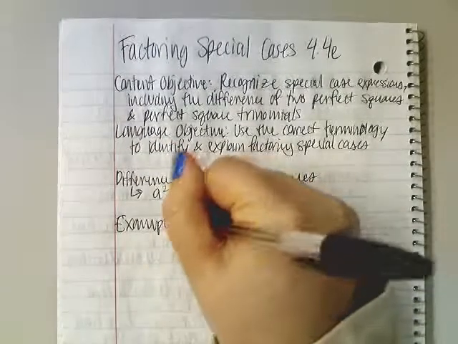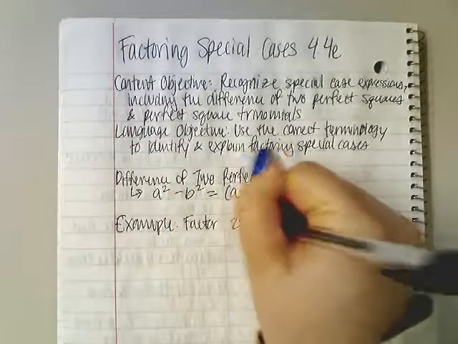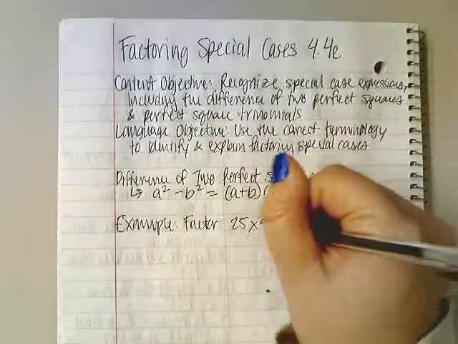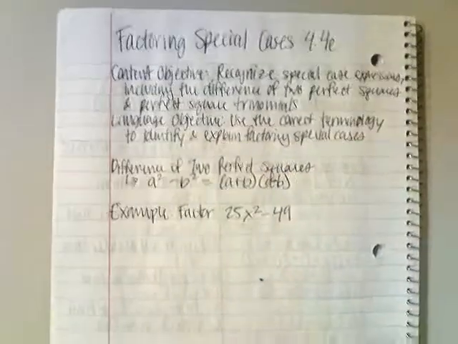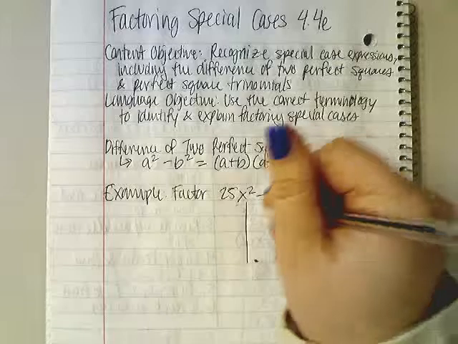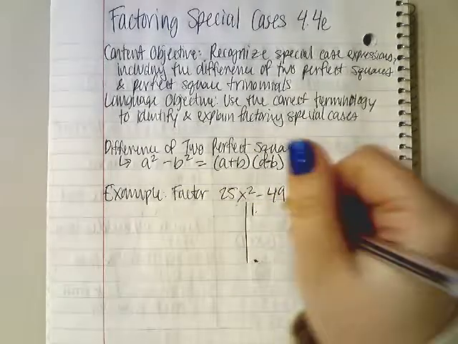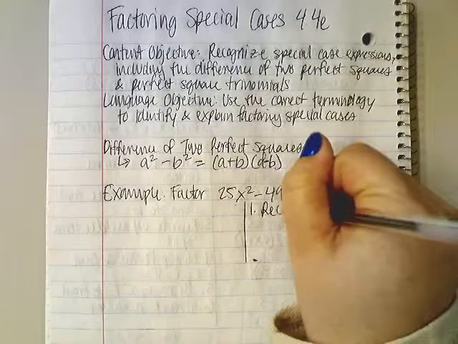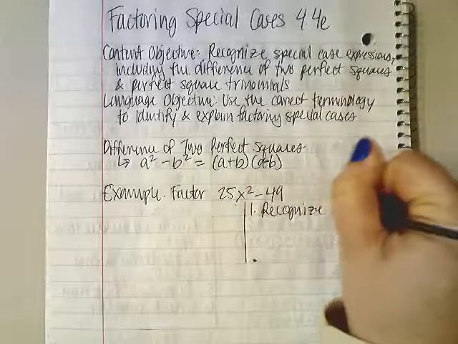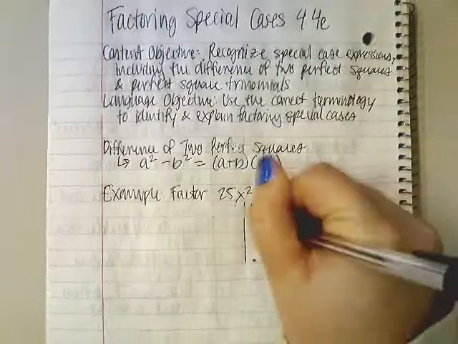I want us to factor 25x squared minus 49. So step one, we have to recognize the two terms as perfect squares.